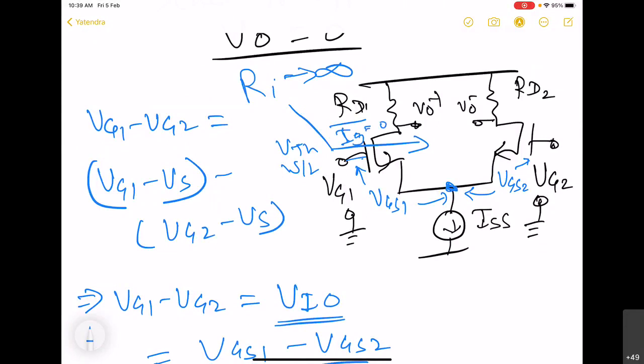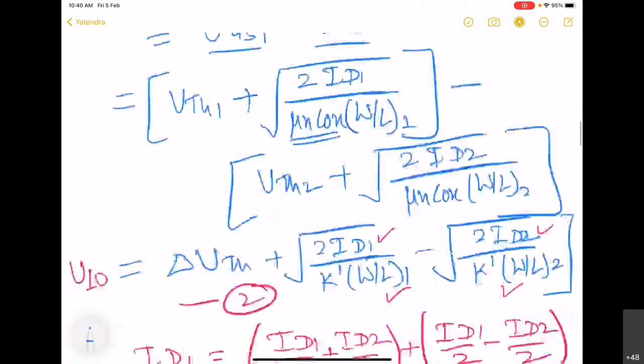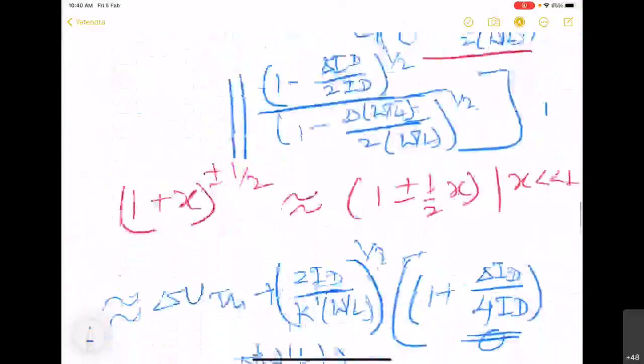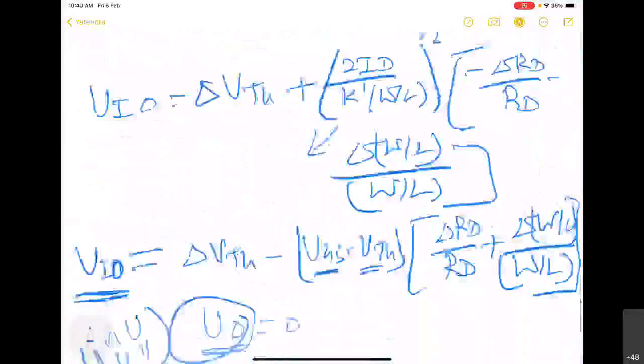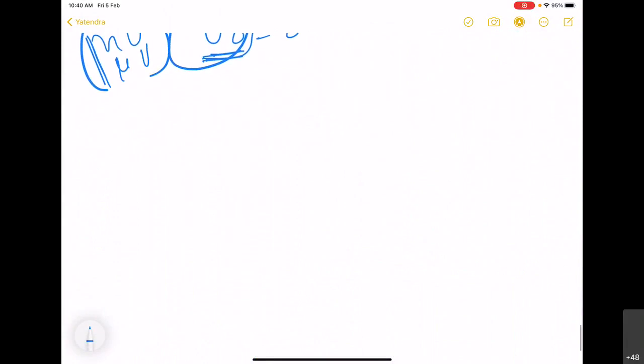But if someone implements the same differential configuration with the BJT, then there will be not only the mismatch in the base voltage, but there will be mismatch in the base current that flows into the BJT. So we are now going to quickly see the scenario with respect to the BJT differential amplifier and try to find out the input offset voltage for BJT.